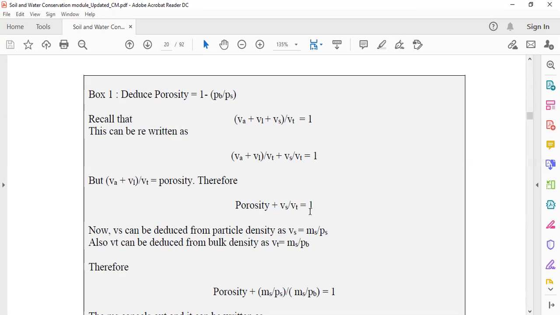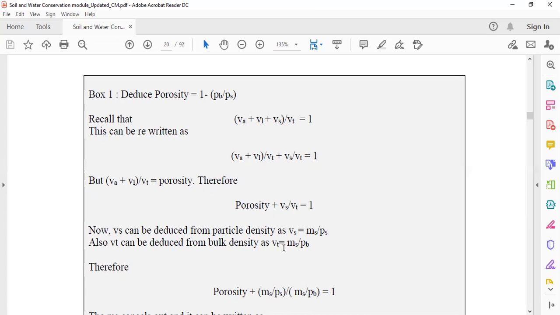But now we know that this volume of solid, we can write it as mass of solid divided by the density of the solid. And also this total volume of the soil, we can write in terms of the mass of the soil over the total bulk density.